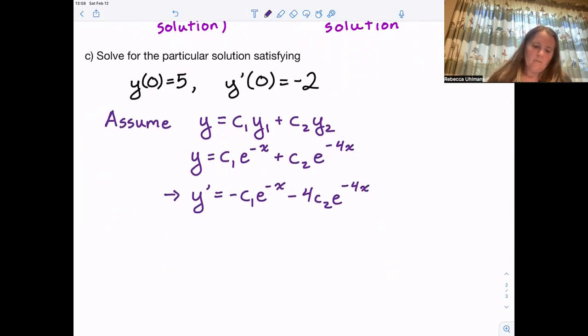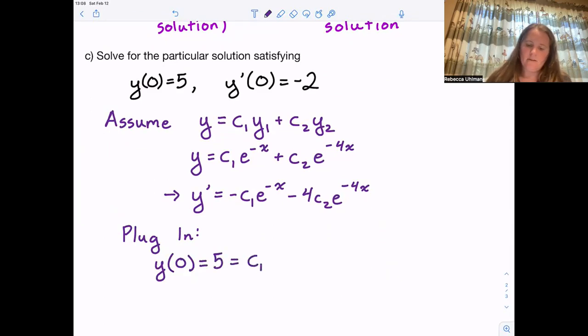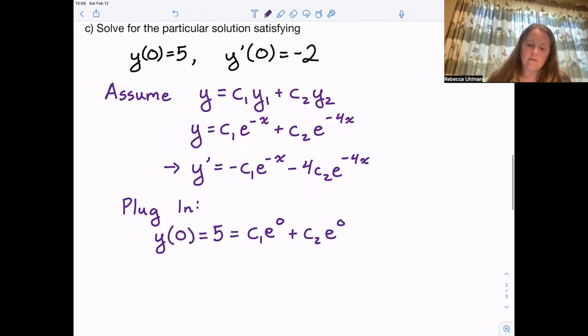So now we'll go ahead and plug in. y of 0 equals 5 would mean that we would have c1 times e to the 0th plus c2 times e to the 0th, or in other words, 5 is equal to c1 plus c2.